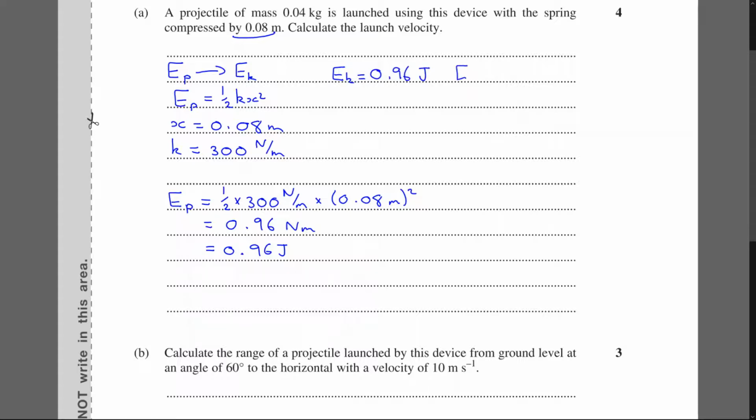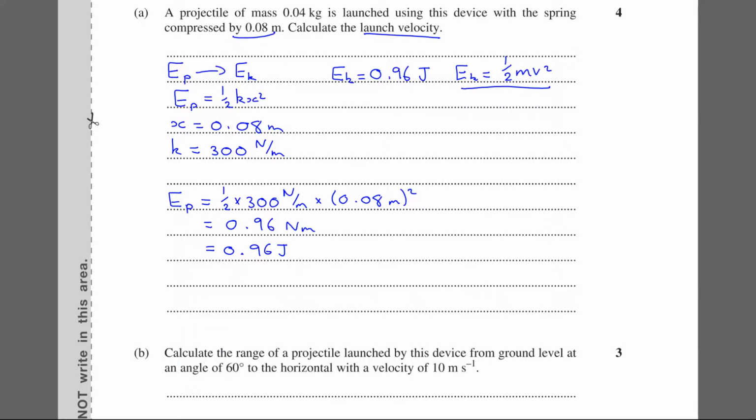Now, if we recall our formula for the kinetic energy, we say that EK is equal to half mv squared. This is where our mass is going to be important. So this question is asking us, find the launch velocity. So we need to rearrange this equation for velocity.